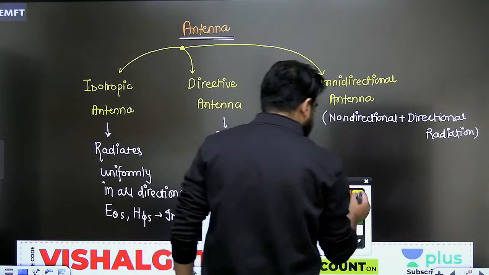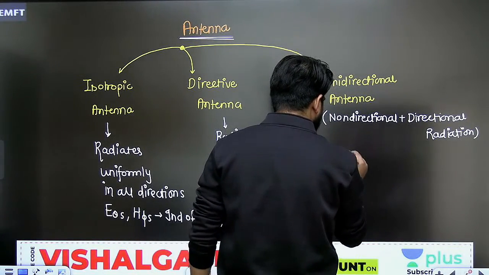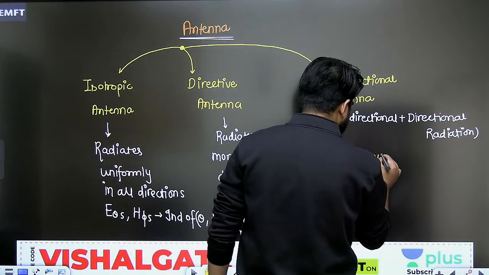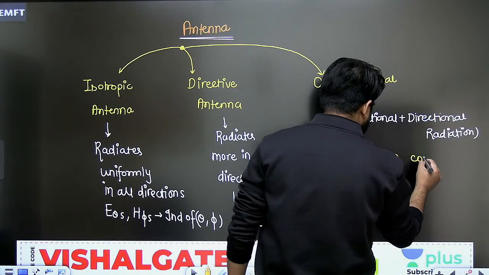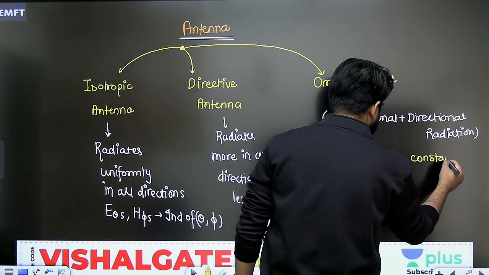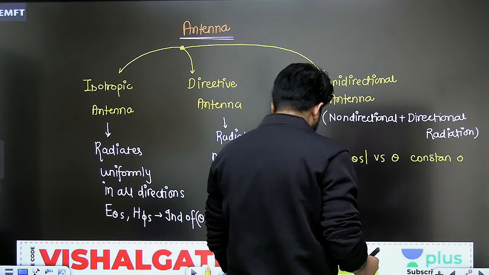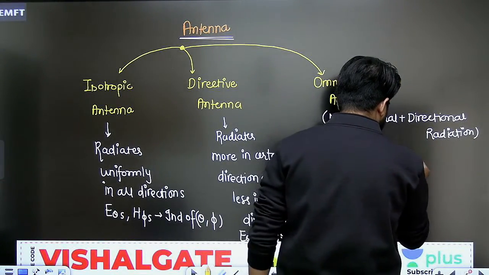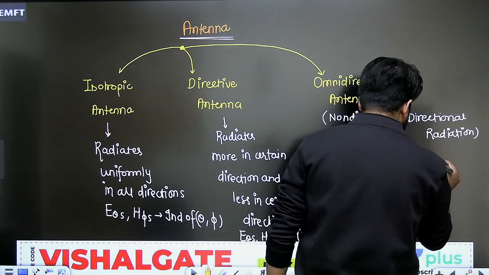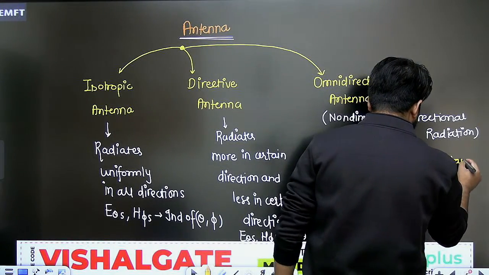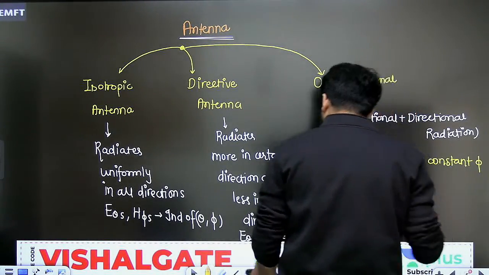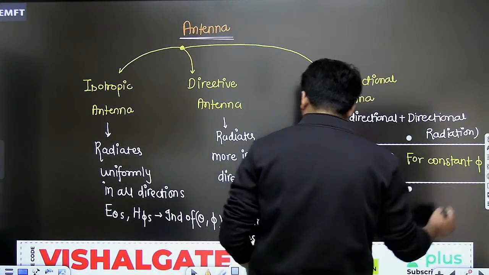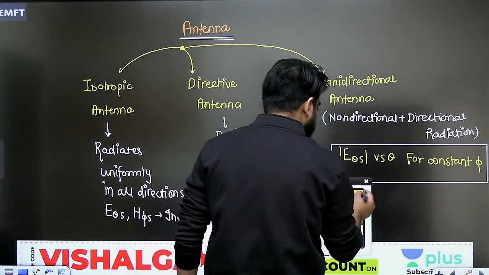For example, in this case you want to plot E theta s. Once you plot E theta s versus theta for constant phi, this will be directional. Let us see an example of this now. Understand this very carefully.